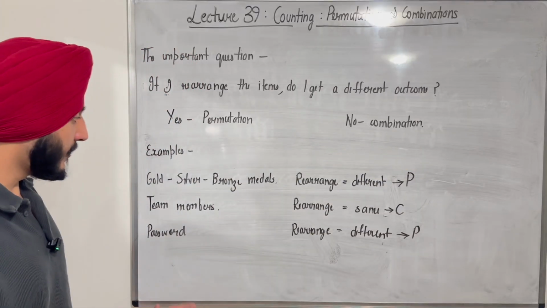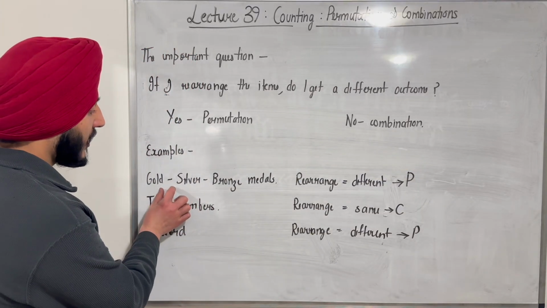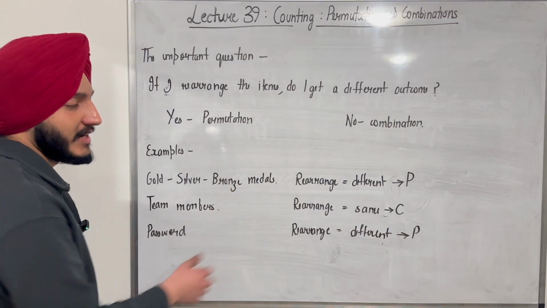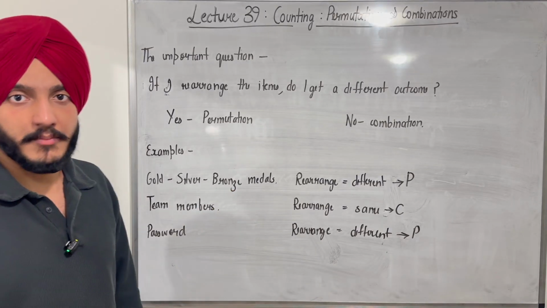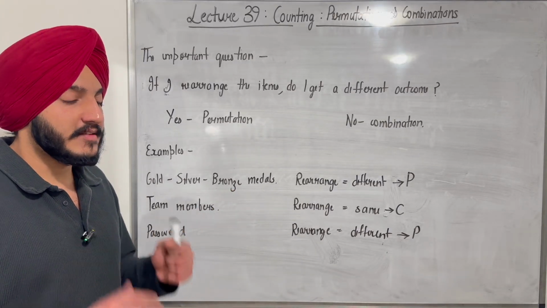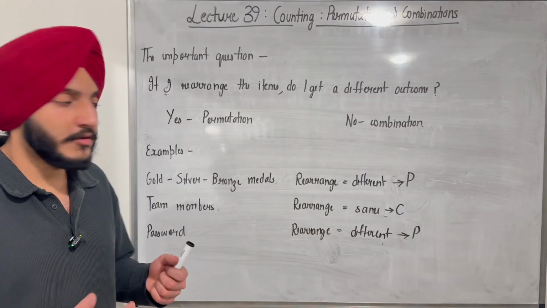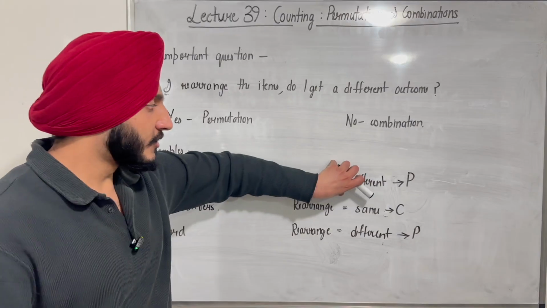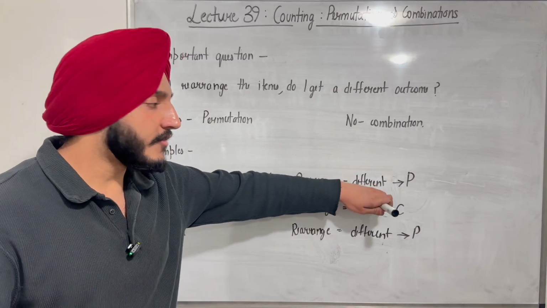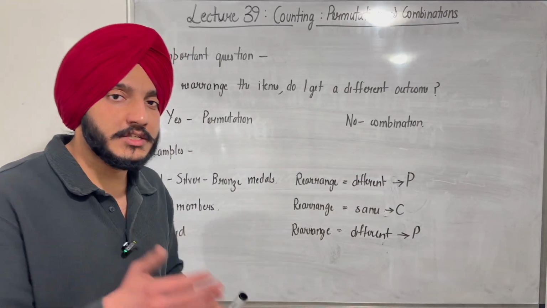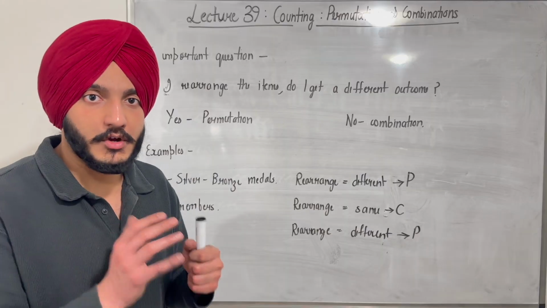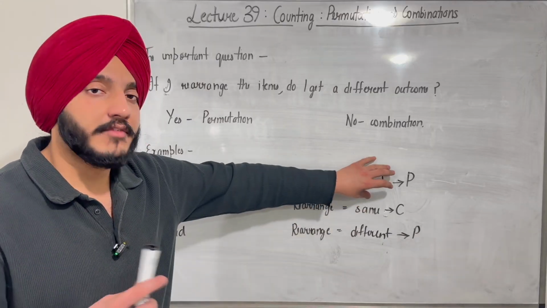So a few examples would be, let's say you're rearranging gold, silver, bronze medals, right? So let's say from a team of 10 people, who won the gold, bronze, or silver. In that case, think about this, right? If you rearrange it, then that would be different, because if you change who won the silver medal or who won the gold medal, that would result in a different outcome.